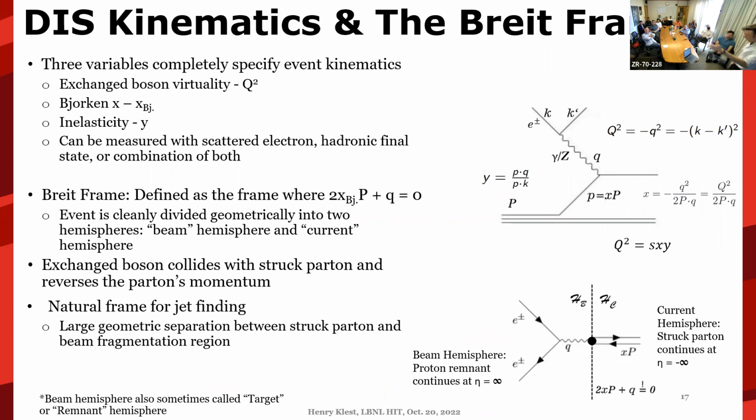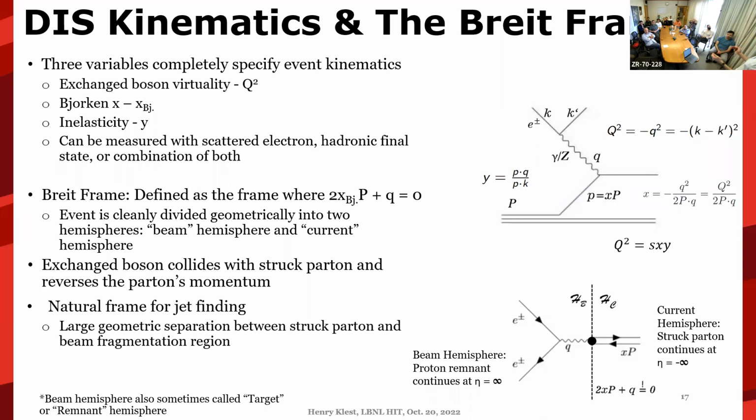Obviously important in doing DIS analyses is the DIS kinematics. These familiar variables completely specify the kinematics of an event: the exchange boson virtuality Q squared, Bjorken x, and the inelasticity y, which you can measure with just the scattered electron if you like, or just the hadronic final state.